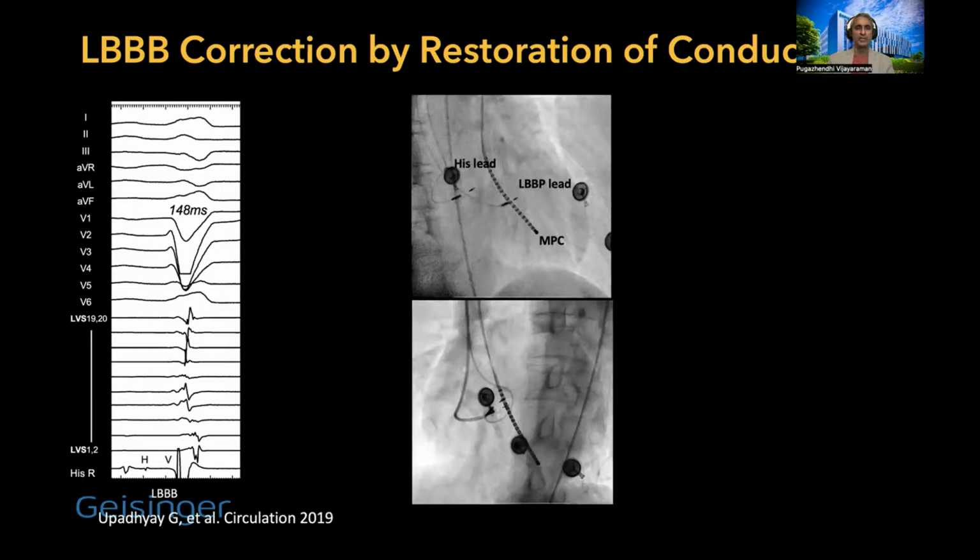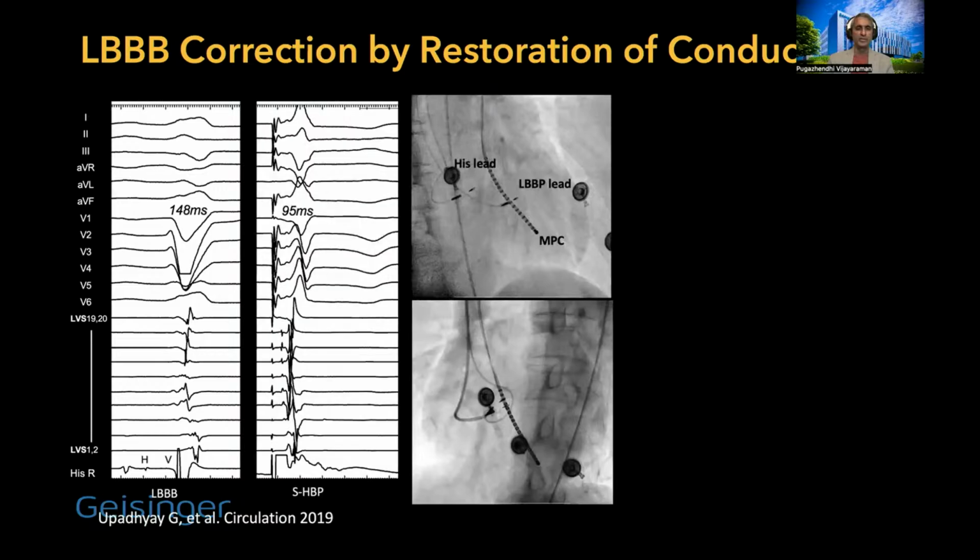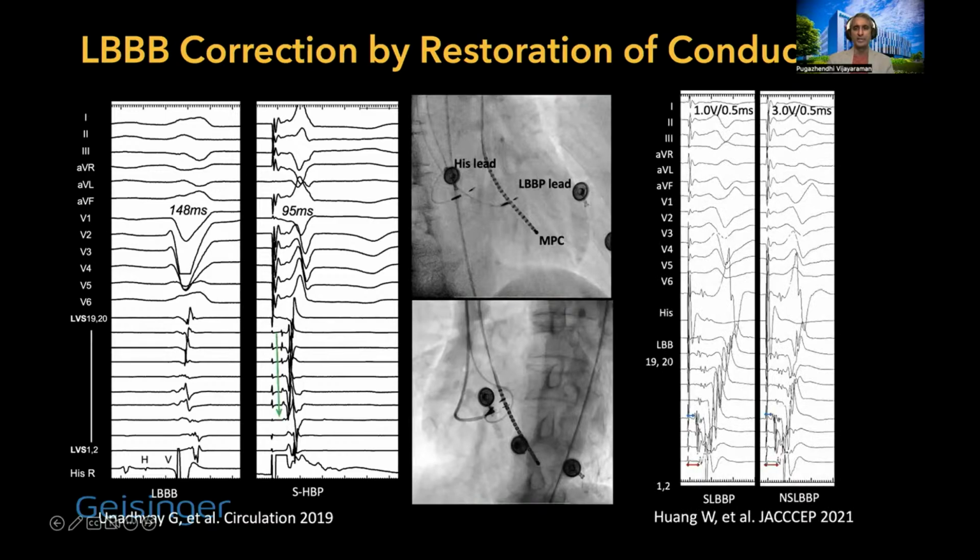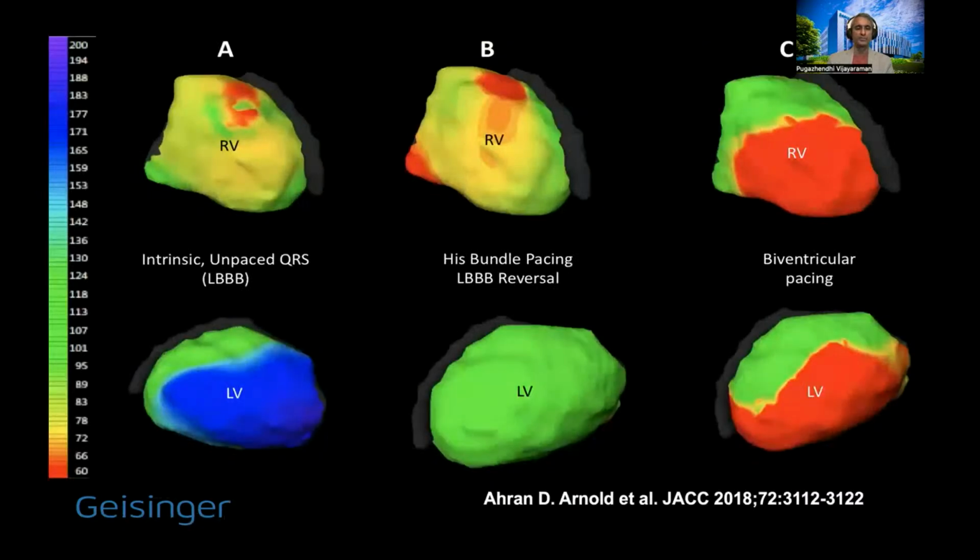As you can see here, His-Purkinje pacing can restore conduction through the His-Purkinje system in left bundle branch block, as shown by mapping on the septal side. Similarly, left bundle branch pacing also can restore conduction across the left bundle branch region, thereby improving clinical outcomes.